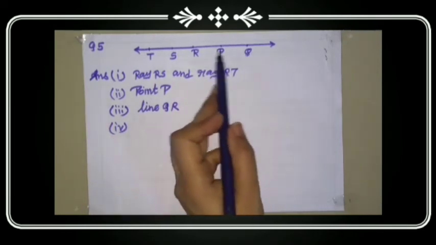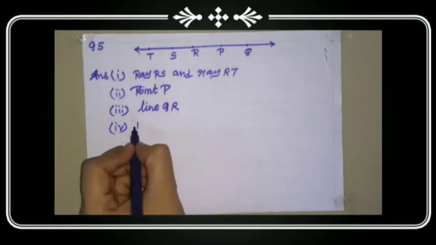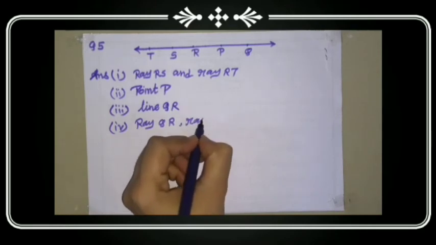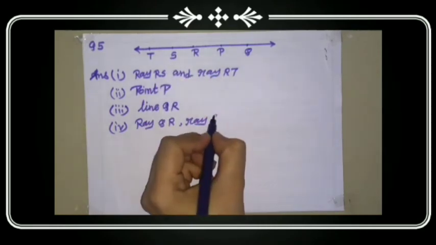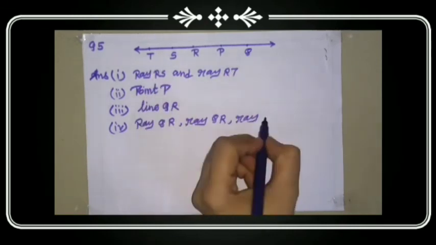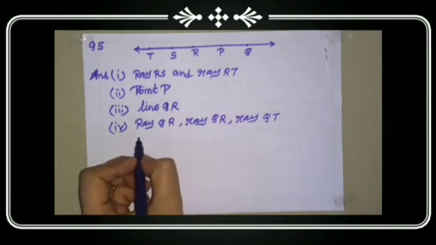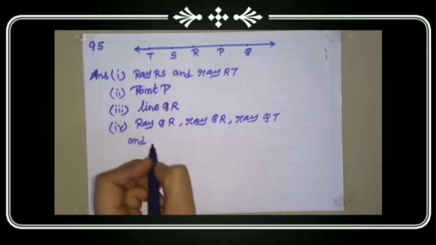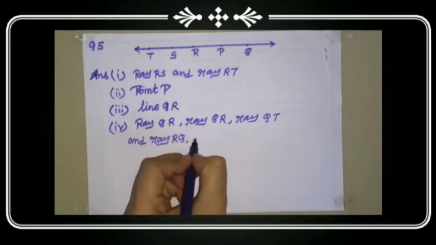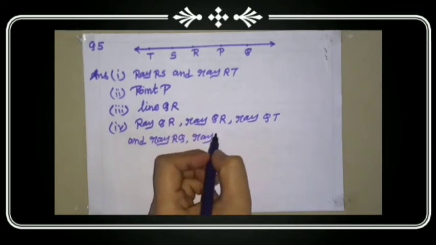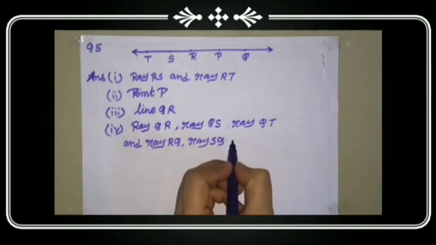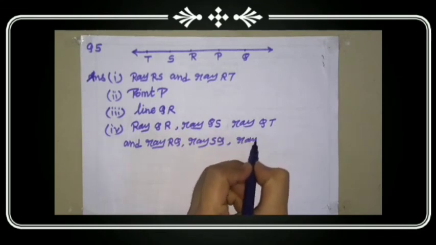Segment QR is a subset of ray QR, ray QS, ray QT, ray RQ, ray SQ, and ray TQ.